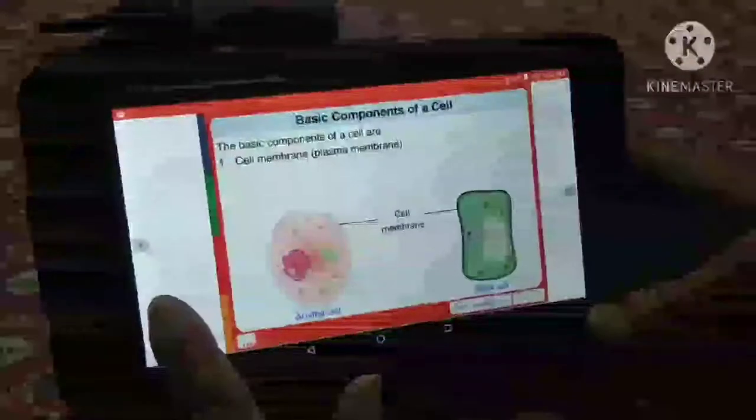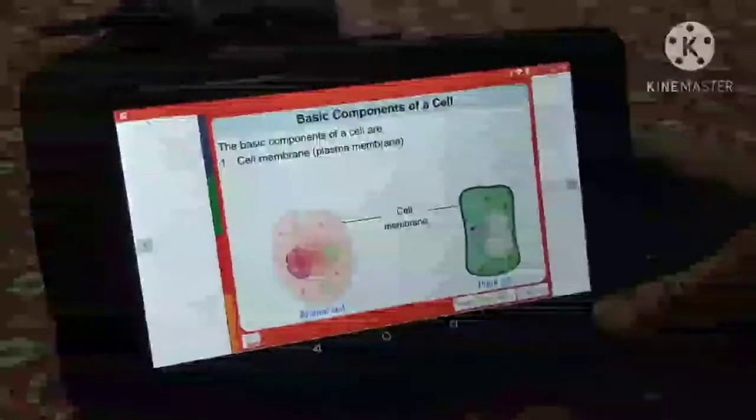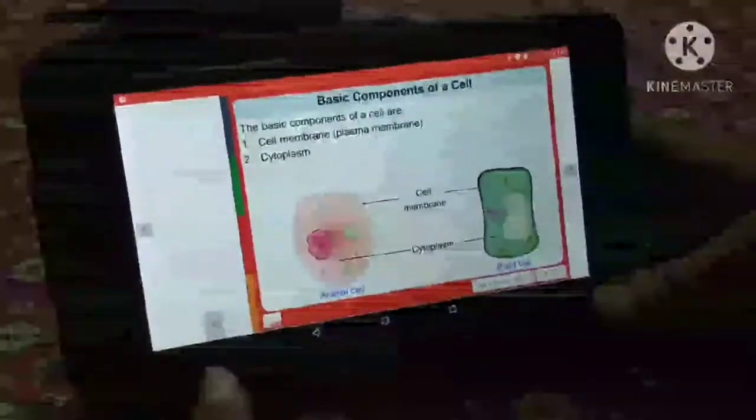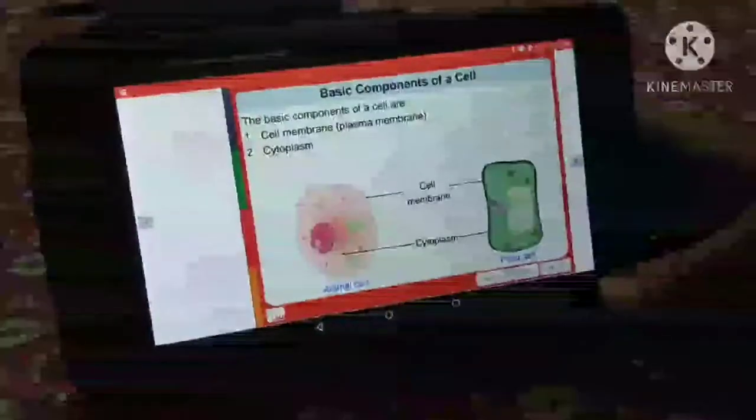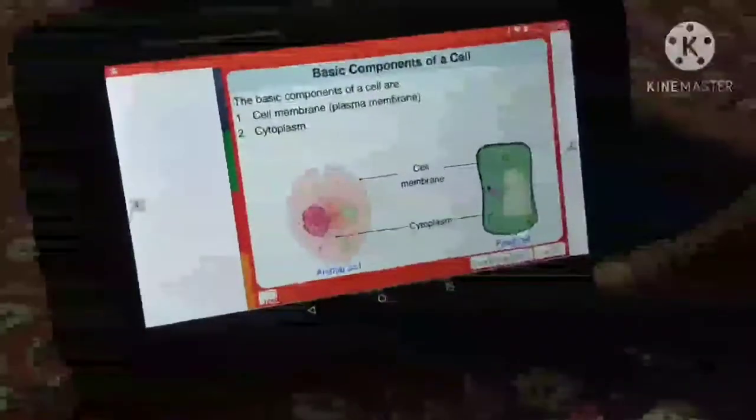The basic components of a cell are the cell membrane, that is also called plasma membrane. Second part is cytoplasm. In the figure you can see both animal cell and plant cell, in which cell membrane and cytoplasm are shown.